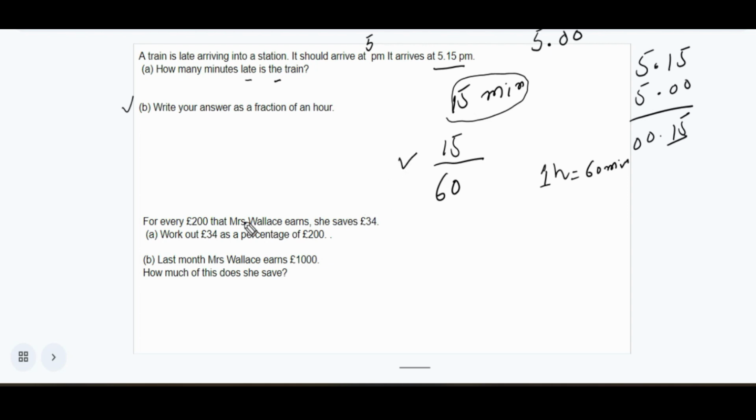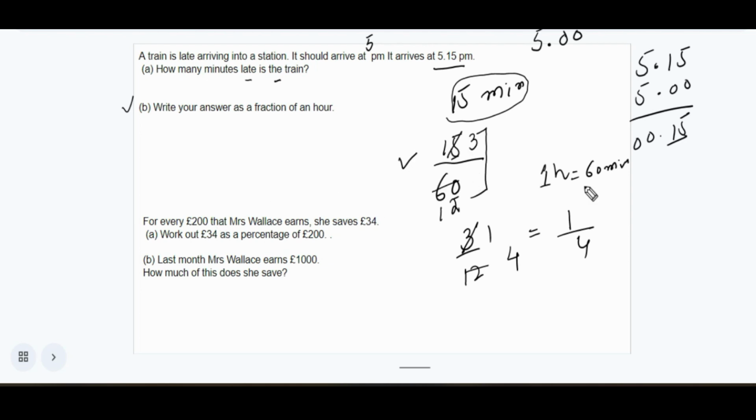But this is not your simplified answer. We can divide these numbers by 5 because we have 5 and 0 at the end. 5 times 3 is 15 and 5 times 12 is 60. Again, you can simplify it by 3. 3 times 1 is 3 and 3 times 4 is 12. So 1/4 is your simplified fraction.